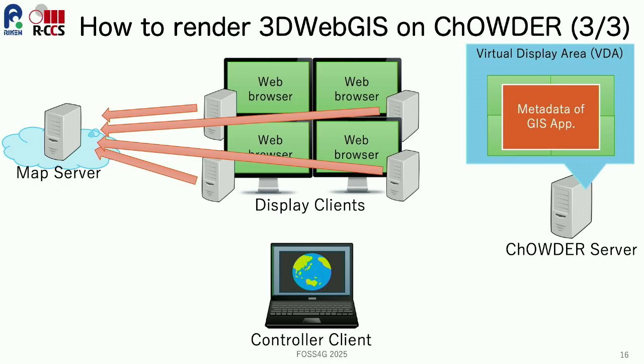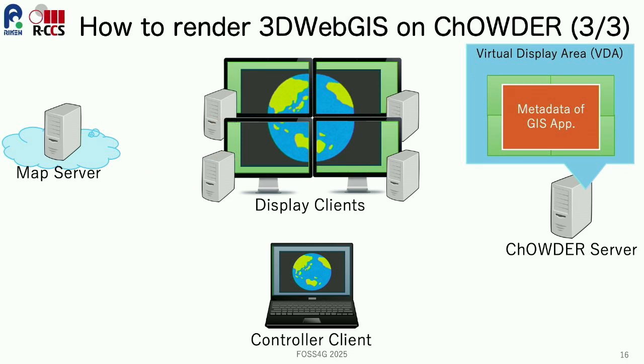Finally, the display clients request the map data on their view frustums from the map server and render it. As I explained here, it was implemented efficiently, minimizing communication cost and rendering cost.